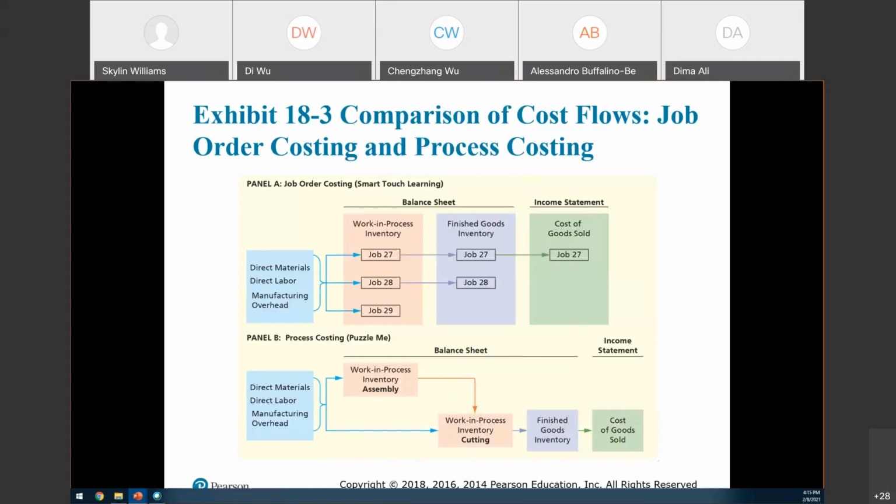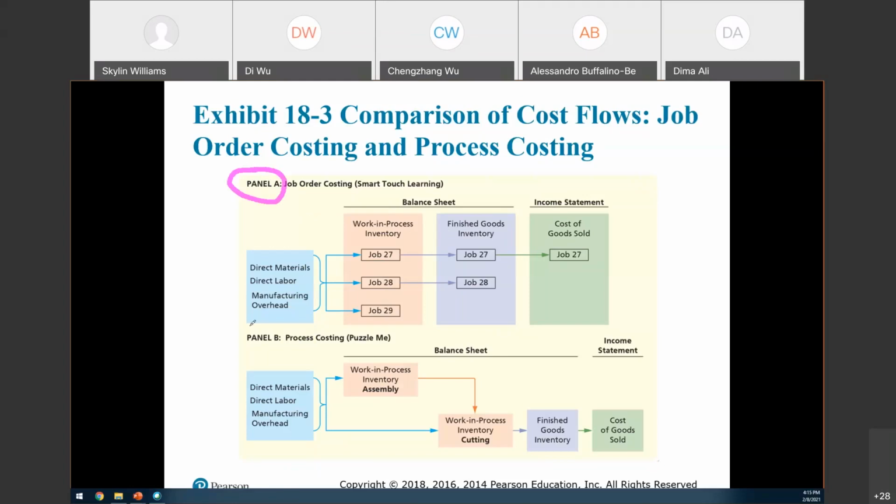Okay, this slide compares the cost flows in the job order costing and process costing. In the previous chapter, as you can see in panel A, we use a job order costing system.